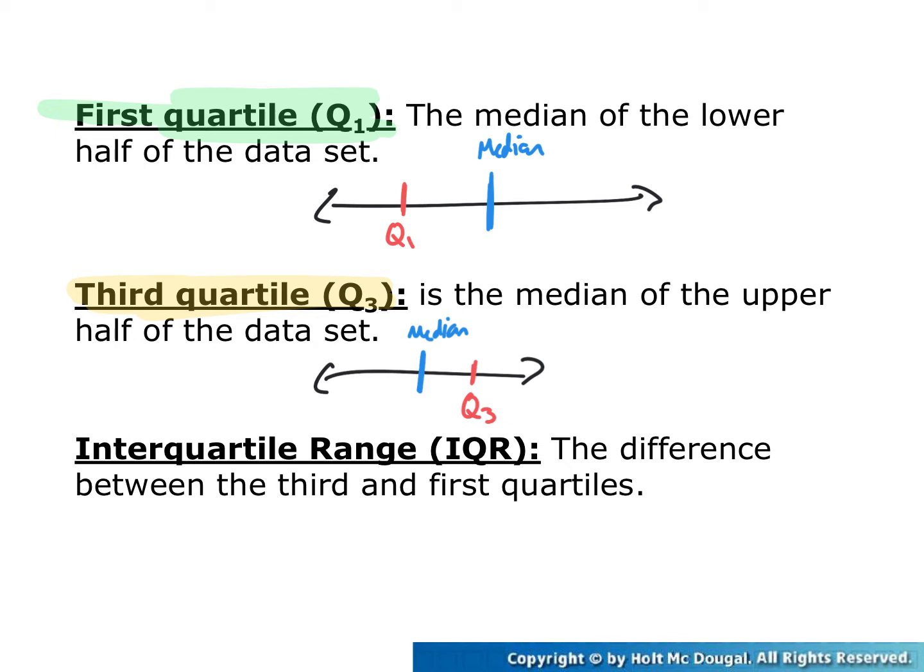If it is even, you have to find the number between the two numbers. You have to take their average. And then the interquartile range down here, just remember the IQR is the difference between the third and the first quartile. So remember, we said yesterday that the IQR is equal to Q3 minus Q1. And we did a couple problems like that in our notes.